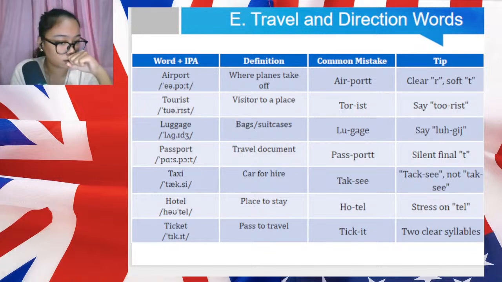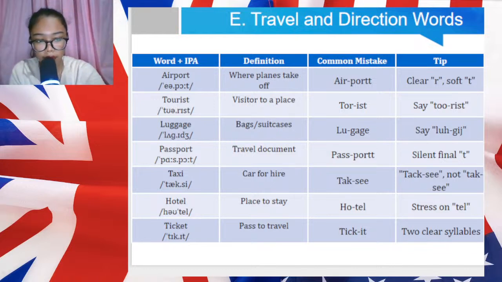Sorry for that. Now, that is a common mistake. Tourist. All right. Here I've mentioned the diphthong in tour. Now it is sometimes closer to "tor," like "for," something like that.